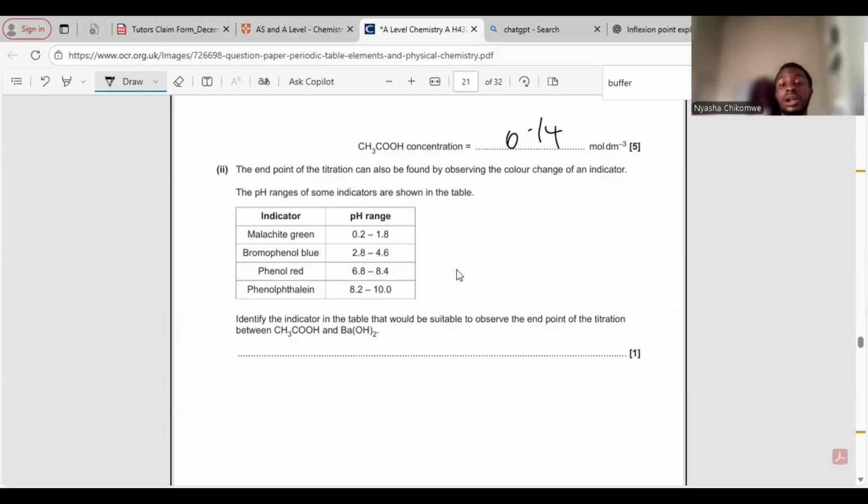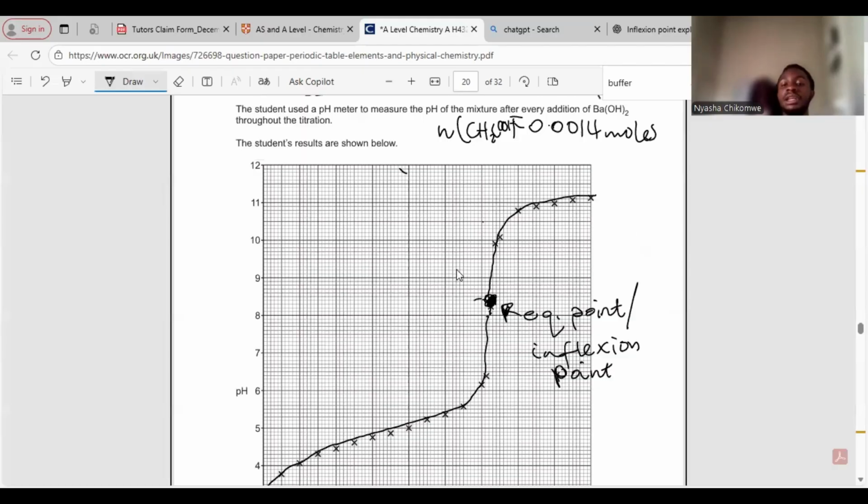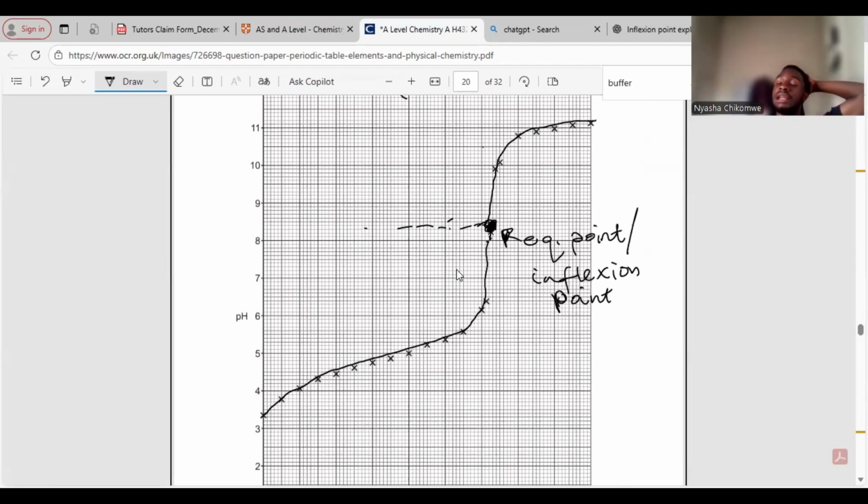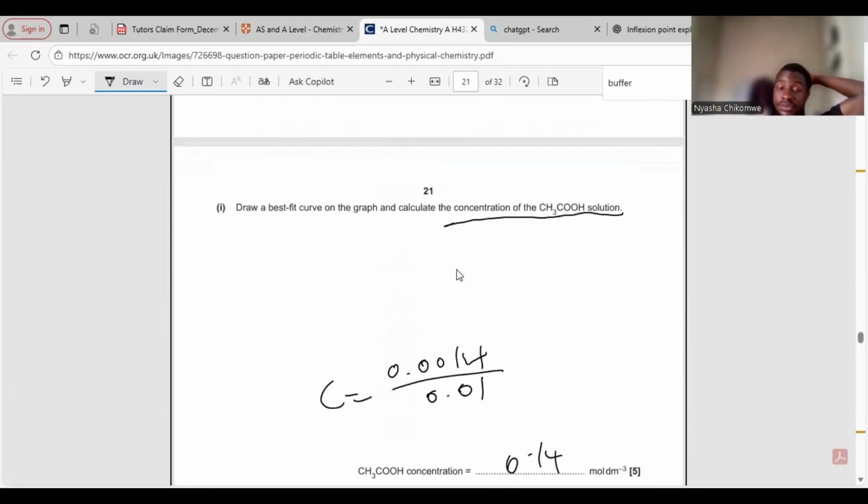Now we see that here we have a weak acid reacting with a strong base. So we expect that our equivalence point should be greater than 7. As you can see here also, that confirms our endpoint is greater than 7. So we need an indicator which works above 7.